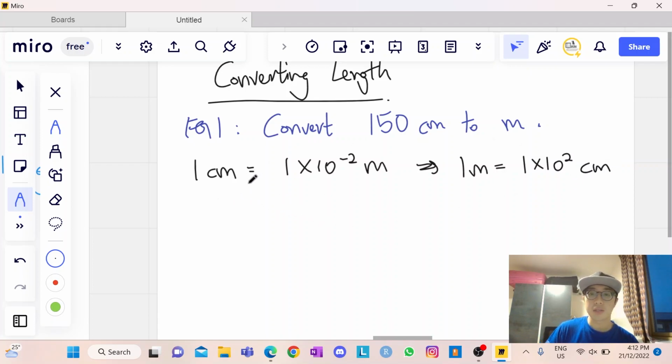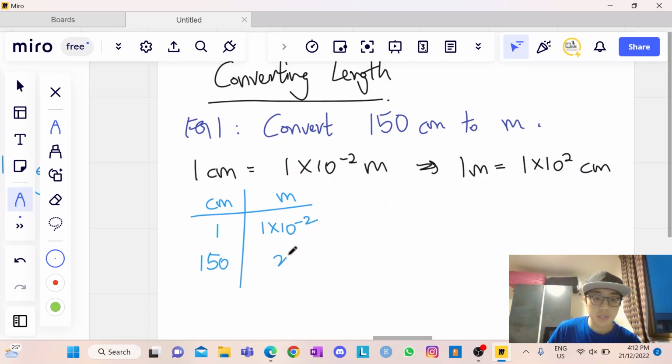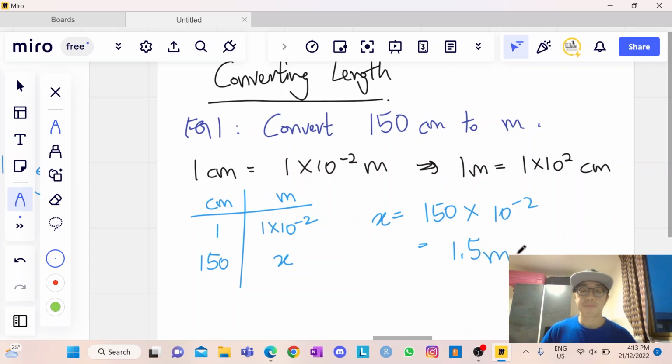All right, I hope you can see this kind of conversion, but you can use either of them to do the calculation. So from here, let's say cm and m. If you're going to use the first one, 1 is 1 times 10 to the power of -2. Therefore, 150 and x. Therefore, x is equal to 150 times 10 to the power of -2, which gives you 1.5 m.